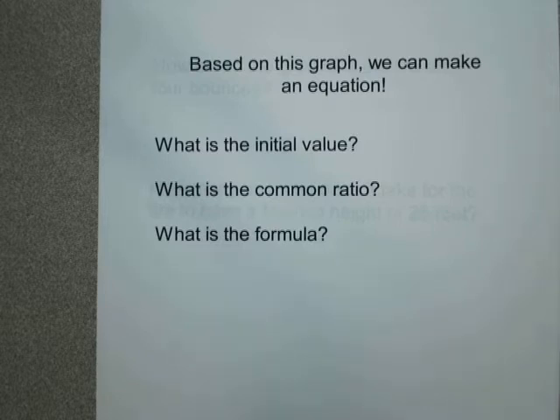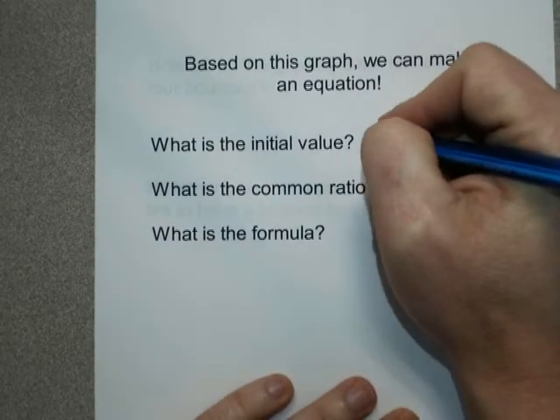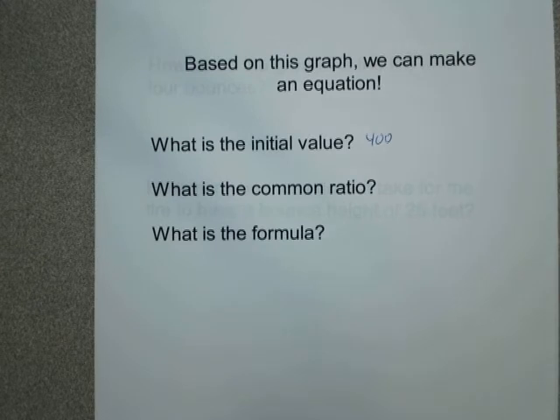So if our initial value is when we haven't moved, we look at the x value when it's 0. And when x is 0, how far up the mountain was that tire? The answer is 400 feet. It was 400 feet in the air.